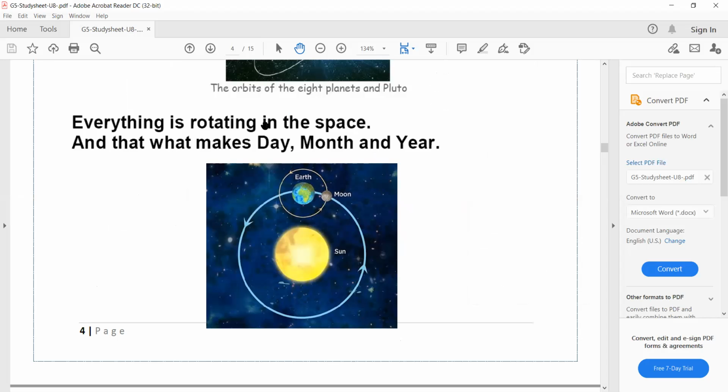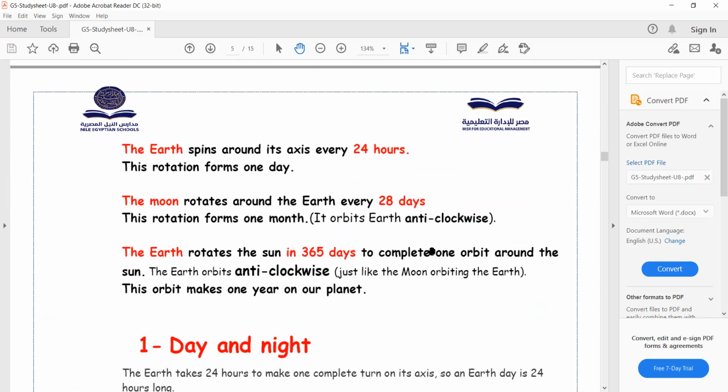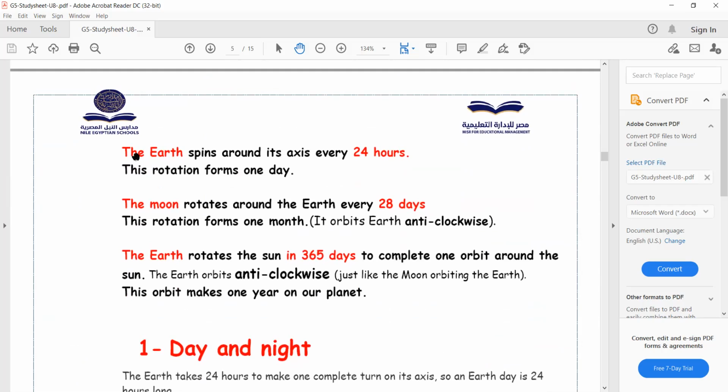So everything in space is rotating, and our planet, the Earth, also rotates around itself. And this is called day and night. The Earth spins or rotates around its axis once every 24 hours or 1 day.